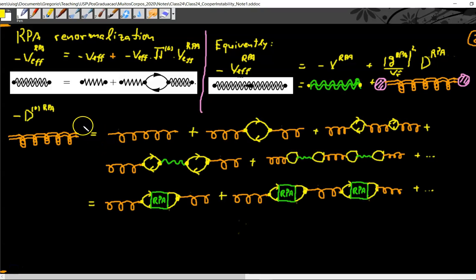Okay, so this is the spirit of RPA, right? By the way, I'm putting these minus signs here whenever I talk about these diagrams, just because the definition of them is minus the time ordered product of the operators and so on. Most of the times I'll be putting this minus sign. Sometimes they don't matter, so they cancel on both sides here.